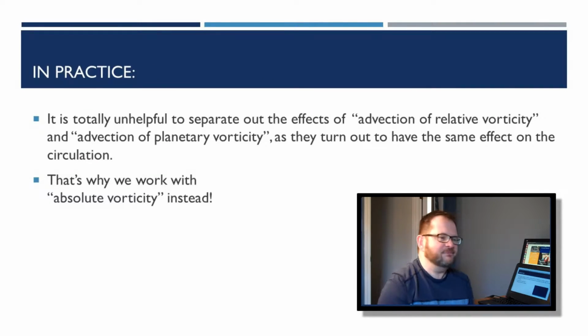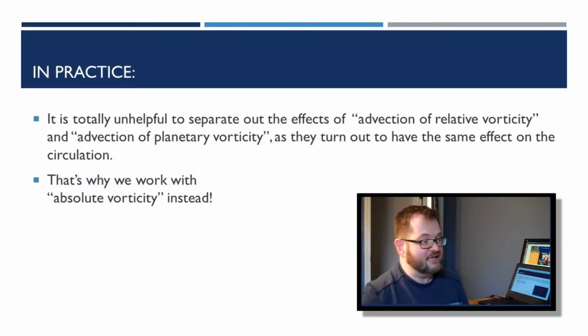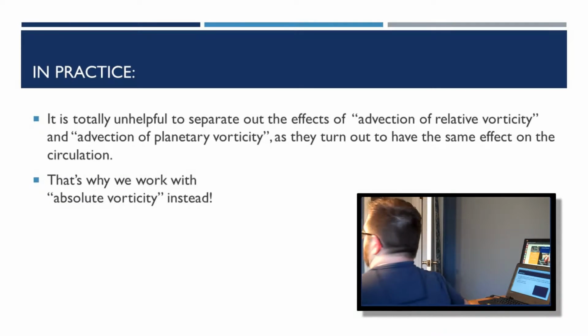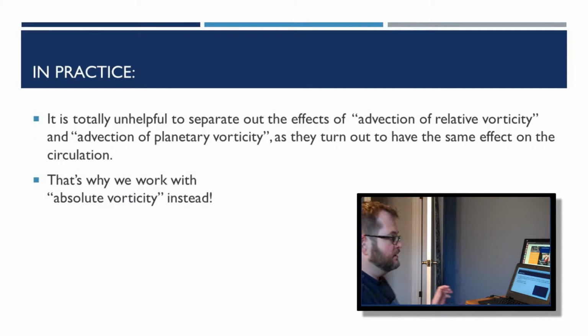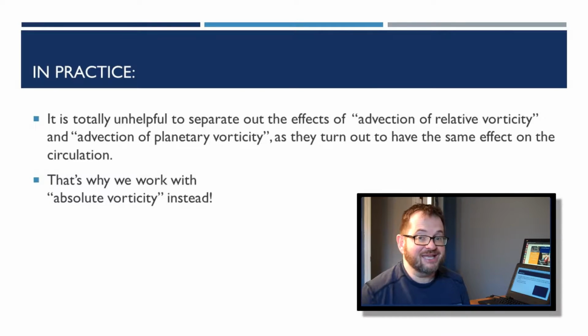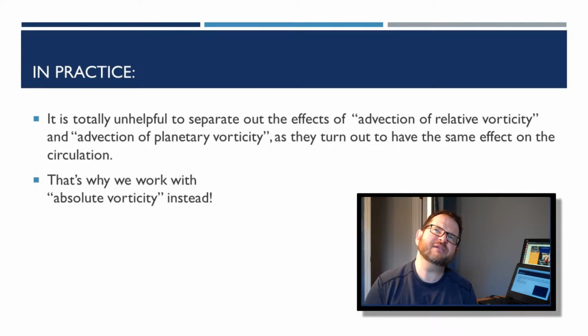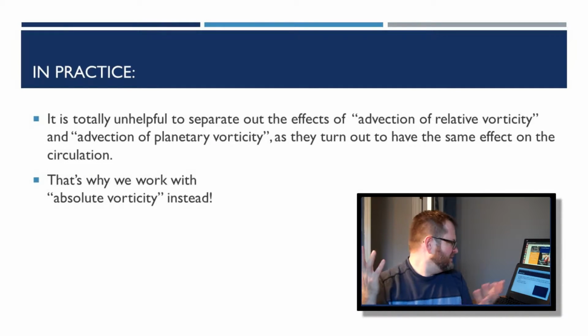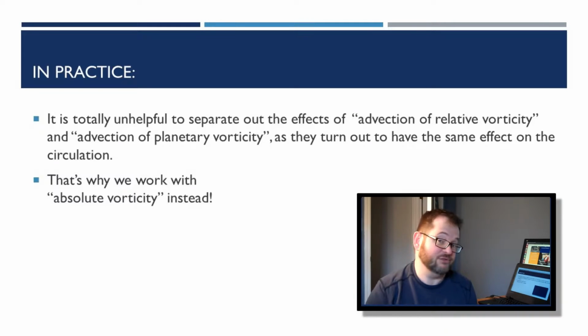What I want you to notice is, in practice, there's a reason why we lump these things together into absolute vorticity. Because it turns out advecting relative vorticity, the relatively easy thing to think about, where spin is just the spin, and advecting planetary vorticity, which is a somewhat more complicated idea about the roles of winds from the north and winds from the south, it's totally unhelpful to separate those two effects.